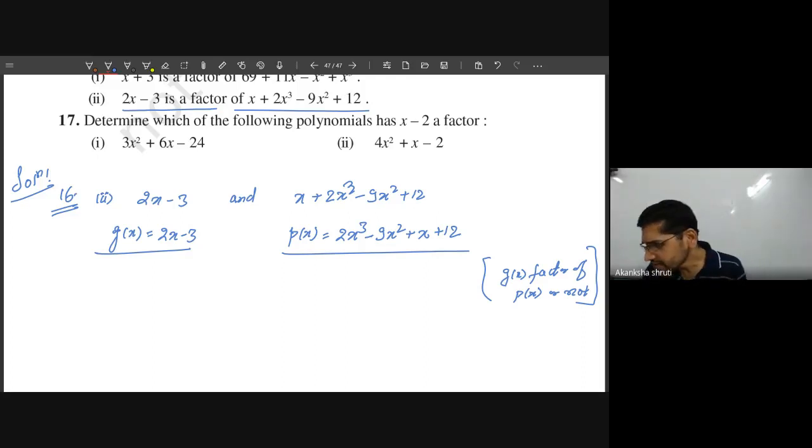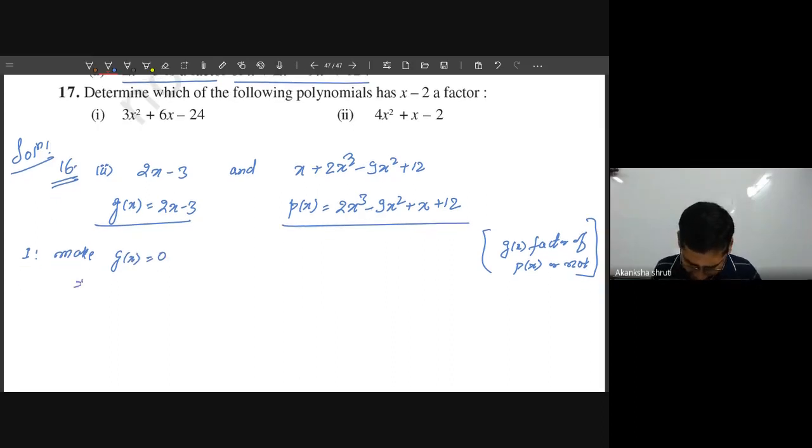The very first step is to equate G(x) to 0. So make G(x) equal to 0. Whatever value of x we get, means 2x minus 3 is equated to 0. What is the value of x from here? 2x is equal to 3, bringing this 3 to the other side. x is equal to 3 by 2. This is the first step.